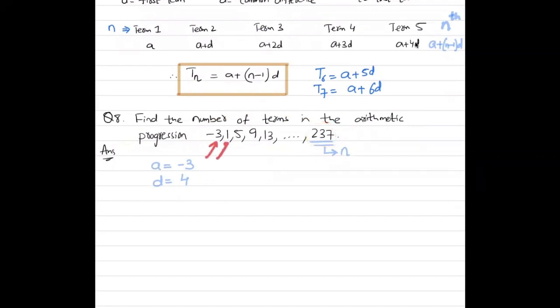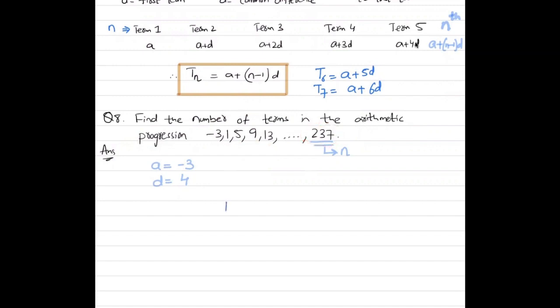This is the first term, this is the second, third, fourth, fifth, and so on. This is my last term. So to find the number of terms, you need to know at what value of n you get the last term as 237.